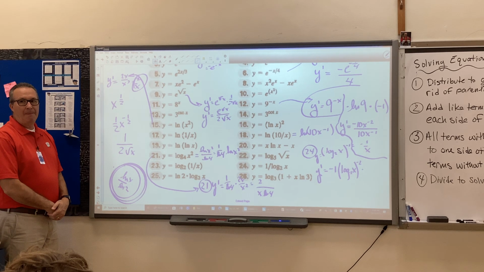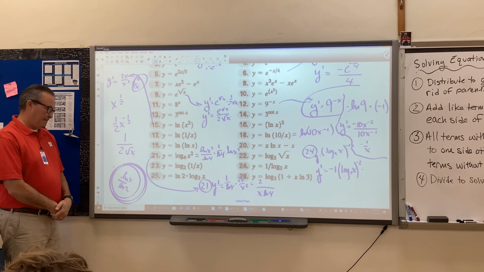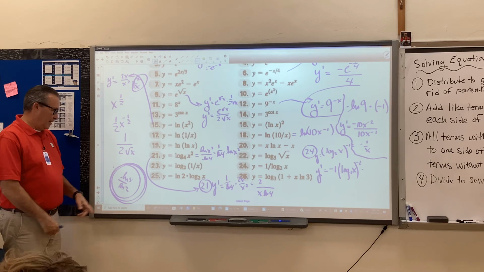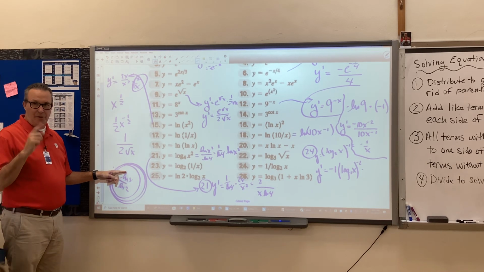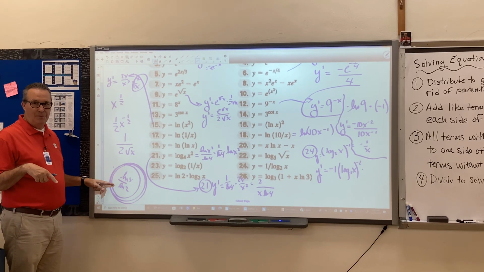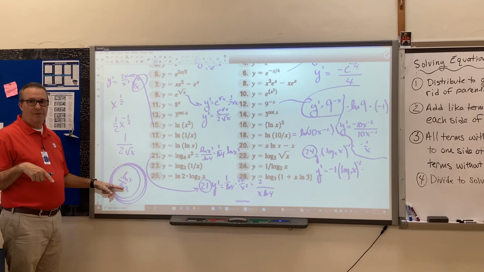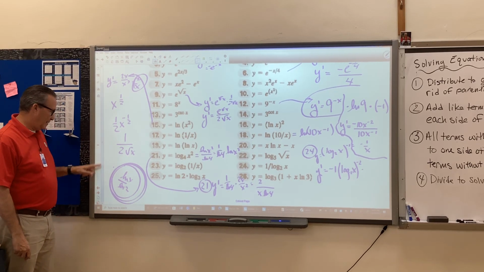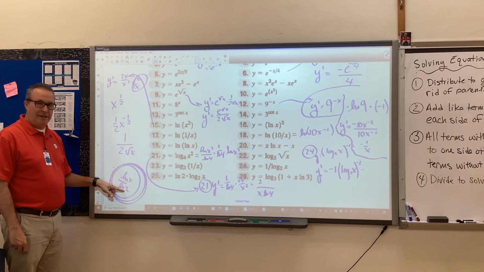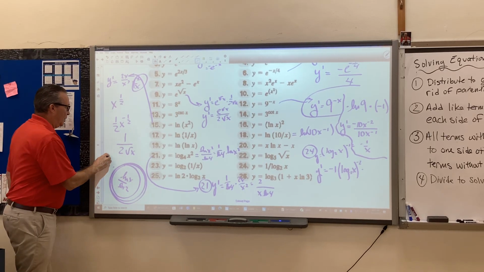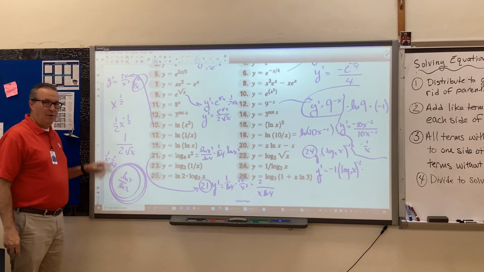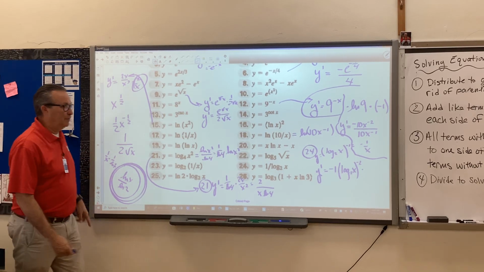The derivative of the natural log of x is 1 over x. It's 1 over natural log of 2 times 1 over x. So it's 1 over x natural log of 2.